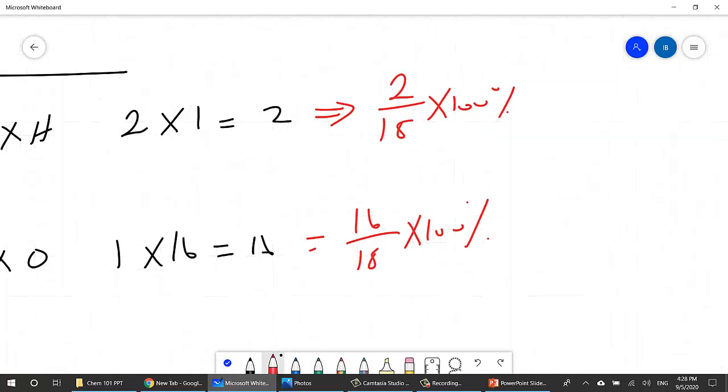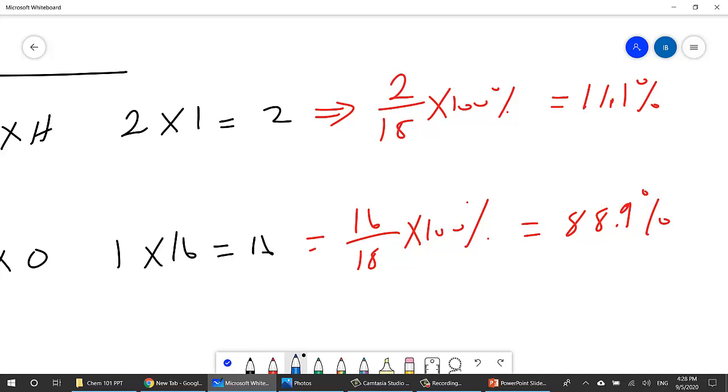This will give you almost 11.1% for hydrogen, and 88.9% for oxygen.